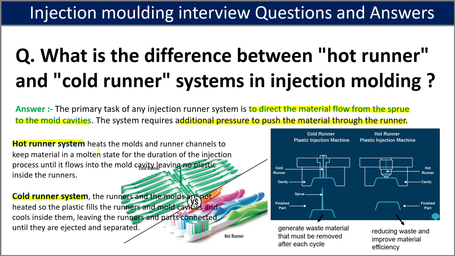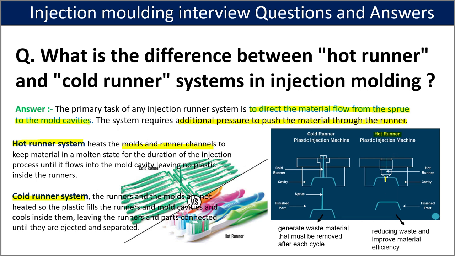The hot runner system heats the mold and runner channel to keep the material in the molten stage for the duration of the injection process until it flows into the mold cavity, leaving no plastic inside the runner. Here you can see the hot runner process.